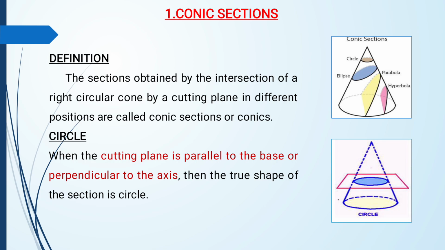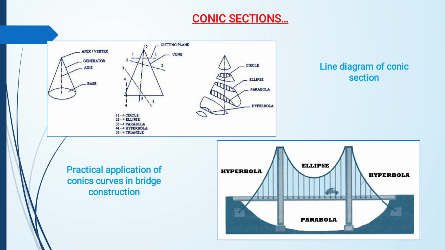So what are the remaining shapes? Ellipse, parabola, hyperbola. Now a practical illustration is given: the practical application of conic curves in bridge construction. One simple bridge construction can give all the shapes.